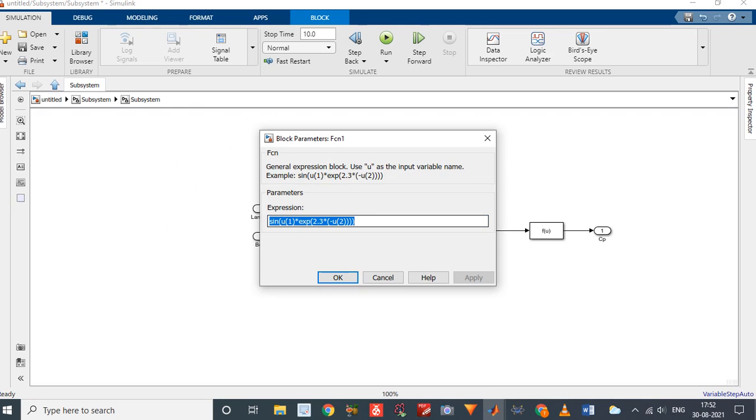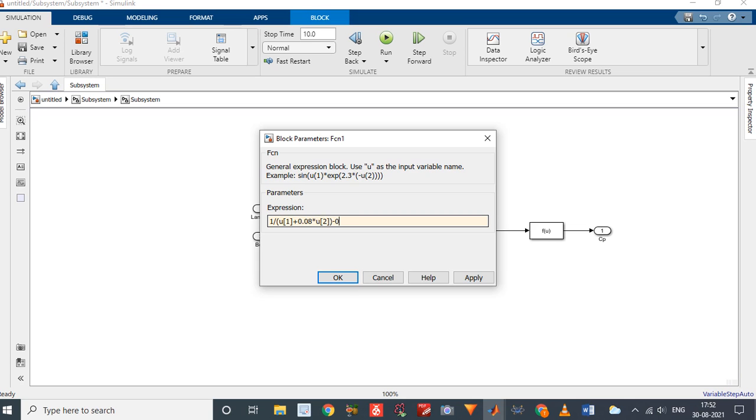Inside we are going to write 1 upon v of first input plus 0.08 into v of 2, means the equation will be lambda plus 0.08 into beta. So the second input will be your beta, that's why I'm writing 2 here. Then close the bracket.